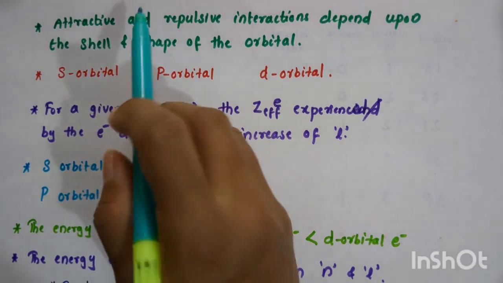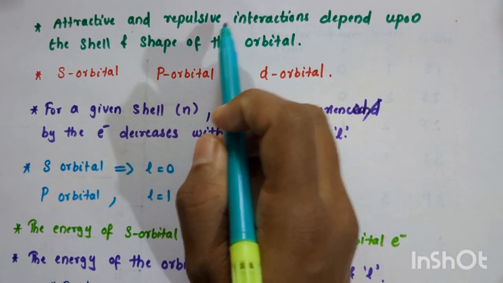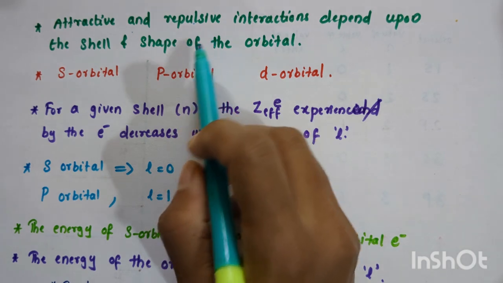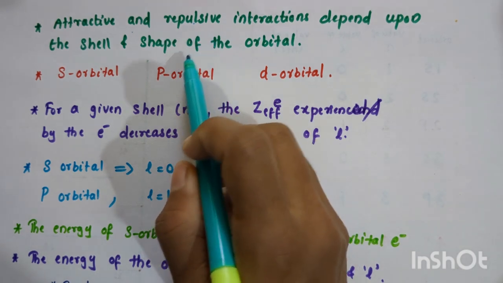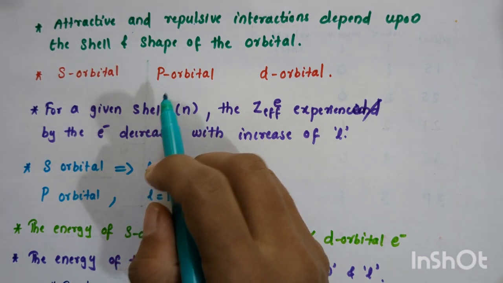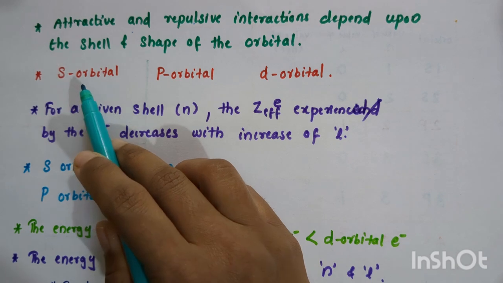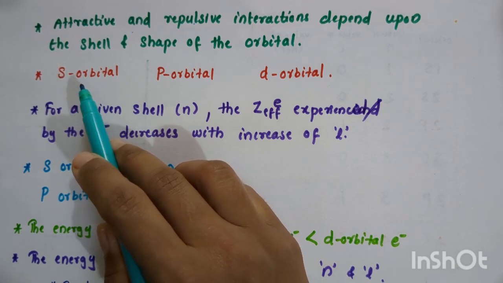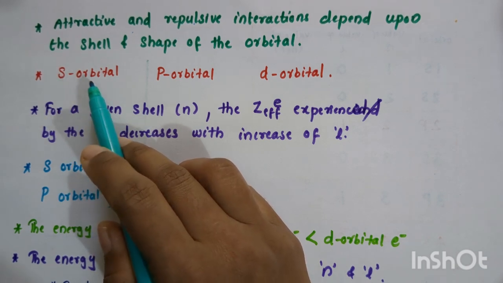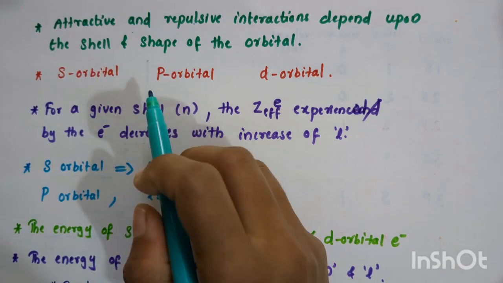Both the attractive and repulsive interactions depend upon the shell and the shape of the orbital in which the electron is present. Electrons present in the spherically shaped s orbital shield the outer electrons from the nucleus more effectively as compared to electrons present in the p orbital.